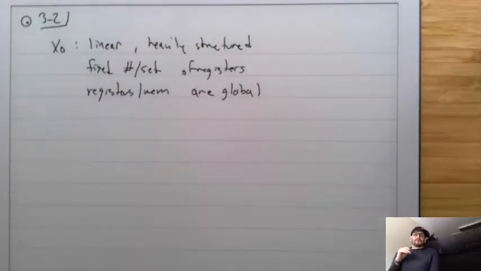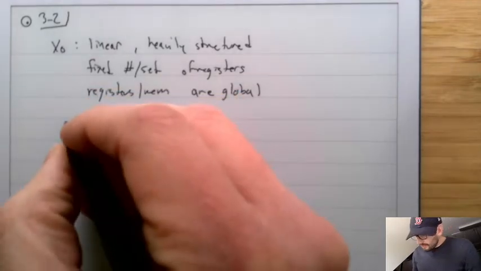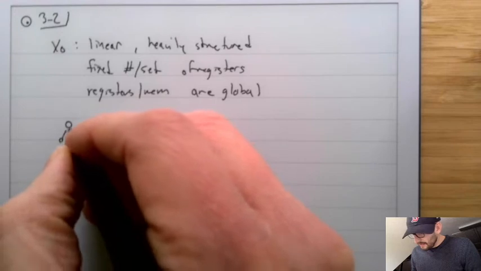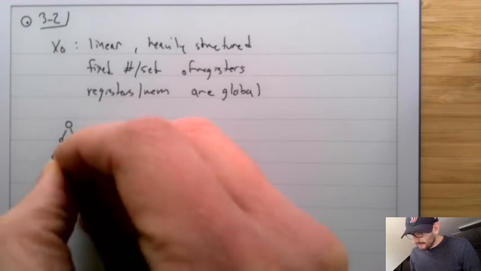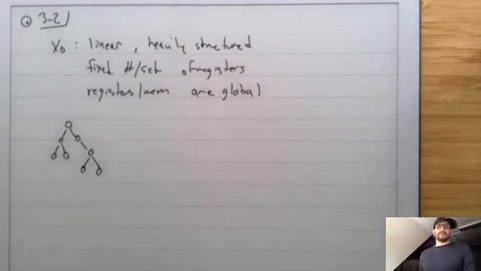Now, when you think about doing an analysis on a program, there are different ways of thinking about how that analysis works. So if you think of our program as being a tree, I'm going to draw a tree right here. Okay, so this right here represents our program. This is like an R1 program.